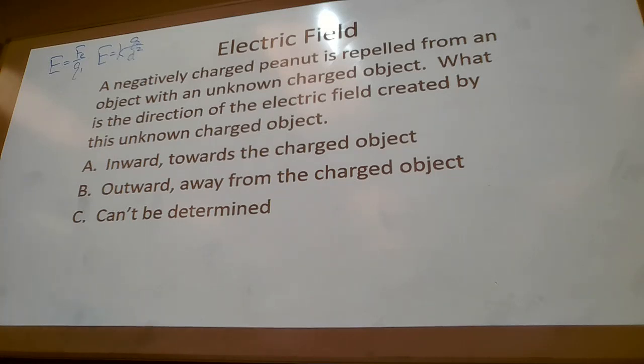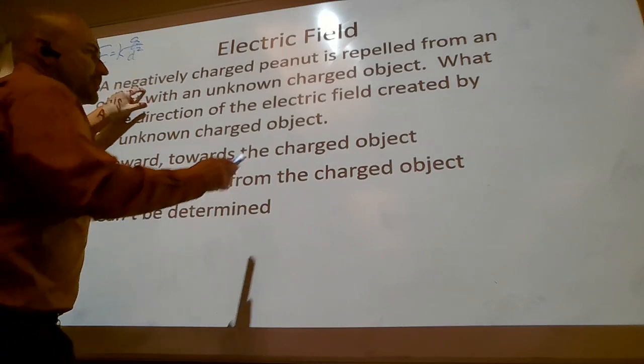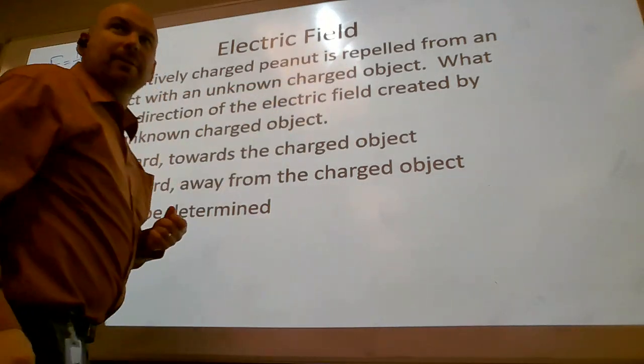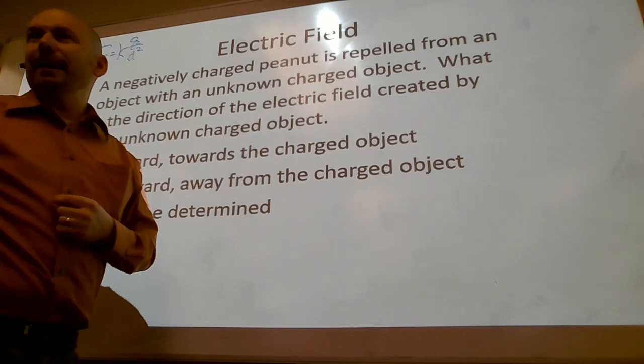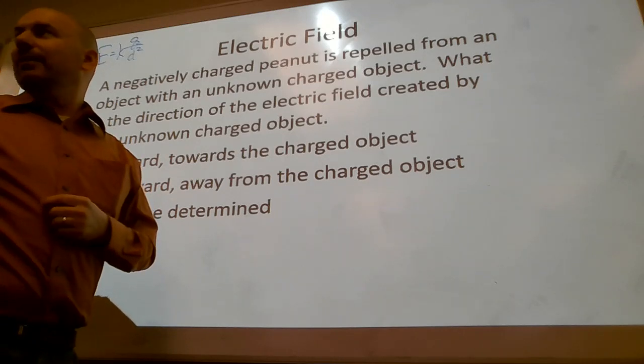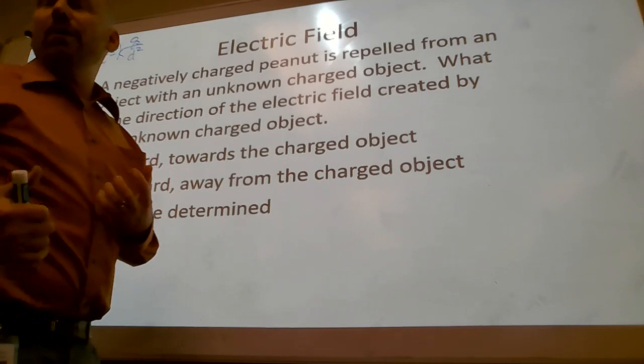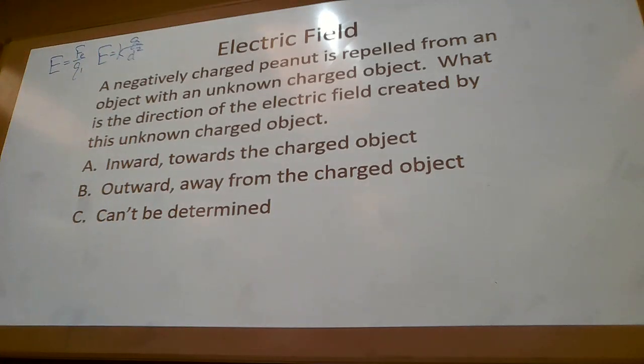You have a negatively charged object being repelled. What charge repels negative? Negative. Does that make sense? Therefore, what's the direction of the field of a negatively charged object? Inward. The electric field created by a negatively charged object is inward. You see the train of logic there?